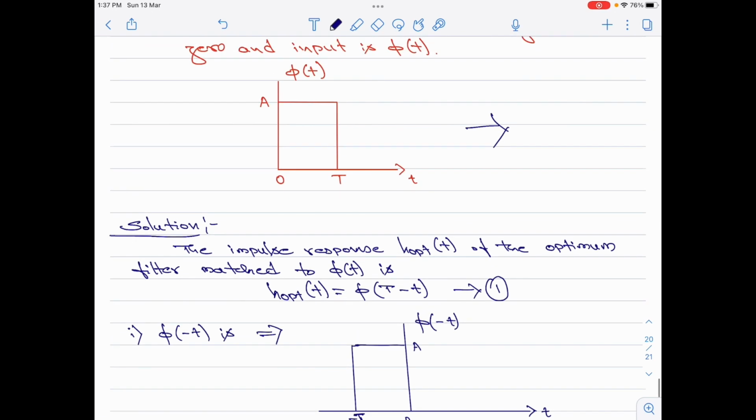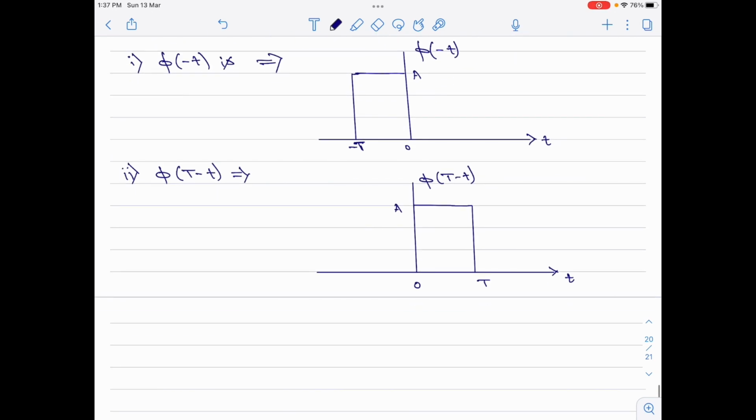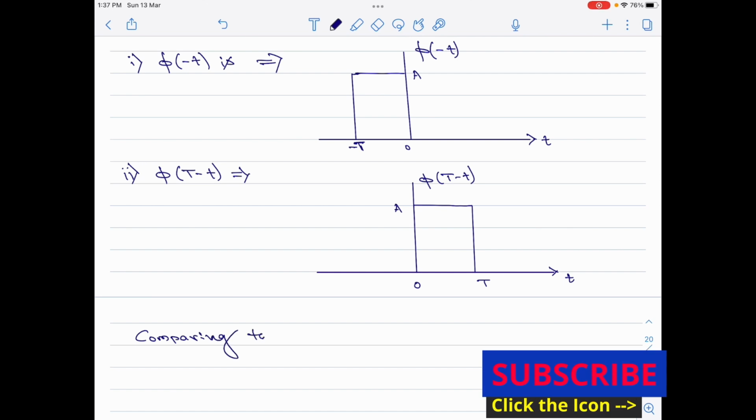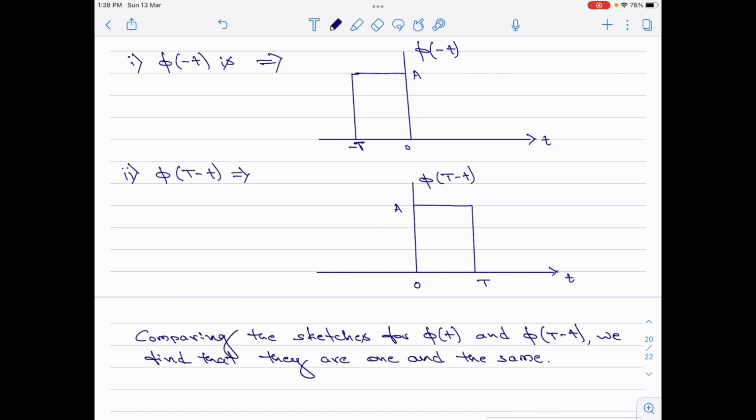Comparing the diagrams for phi of t and phi of capital T minus small t, we find that they are one and the same. Right, that is the end of part A of the numerical.